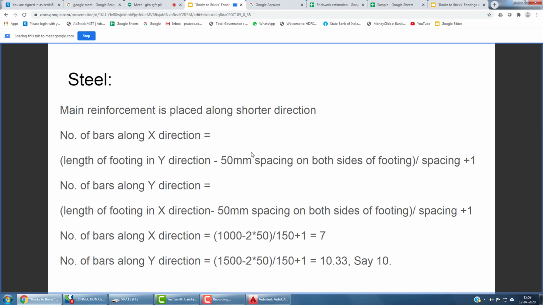Since it is less than 0.5, I am adjusting it to 10. Anything greater than 0.5 you can take to the next number, which will again reduce the spacing. Since I am reducing the number of bars here, required was 10.33, I am reducing it to 10. The spacing may slightly increase, and that will adjust in terms of cover. Is it clear, guys?